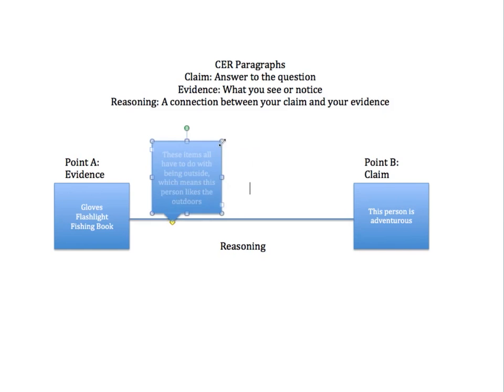Okay? This is a statement that I am confident my reader will agree with. These items all have to do with being outside, which means this person likes the outdoors. Okay? I know that my reader will agree with that statement. Okay? So I have my keyword here, which is outdoors. Okay, so I'm going to put that in bold.